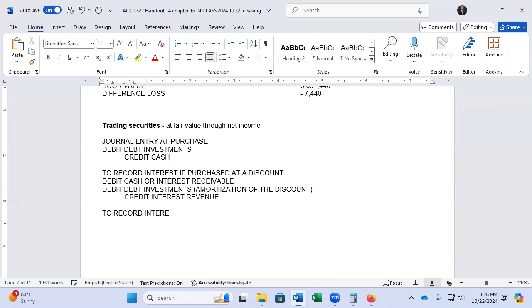To record interest if purchased at a premium, debit cash or interest receivable.